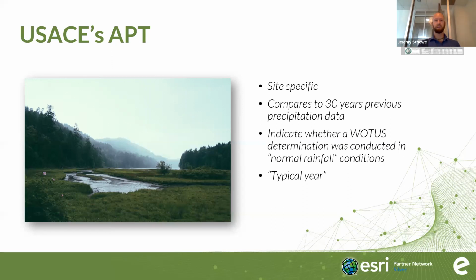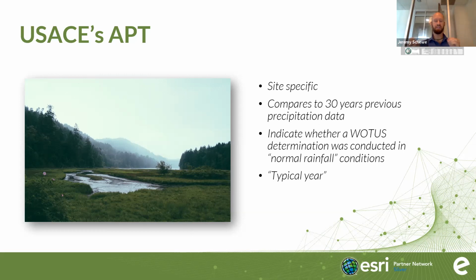And then what it does is it draws data from various weather stations that are collecting precipitation over a 30-year period, and then gives you an output, which we'll look at as we get further into the data. We're going to take a look at what some of that output looks like, where the data is coming from, how many weather stations it's pulling from, how far out it's pulling from, etc.